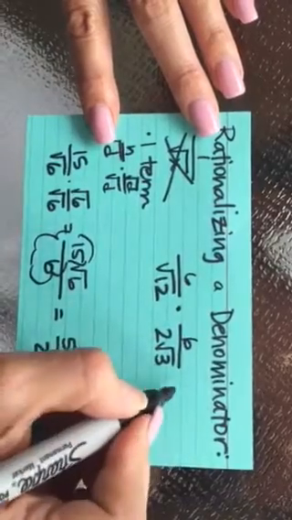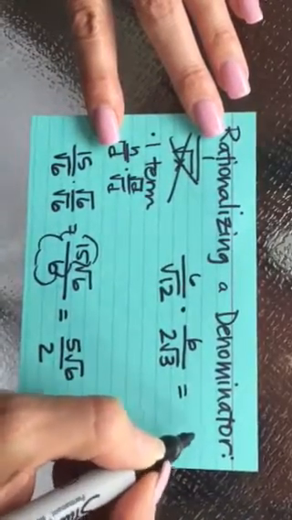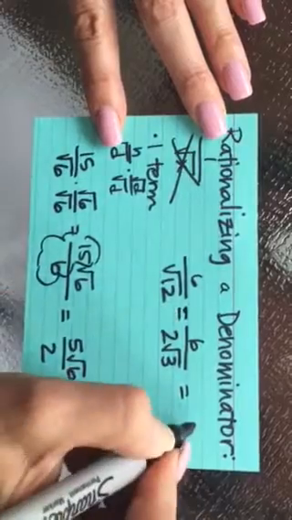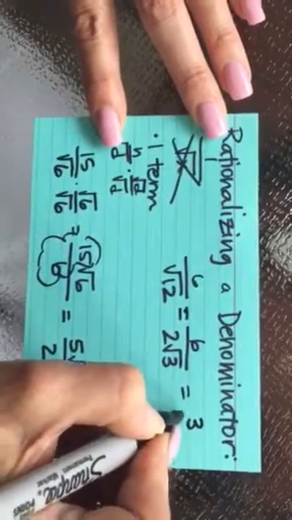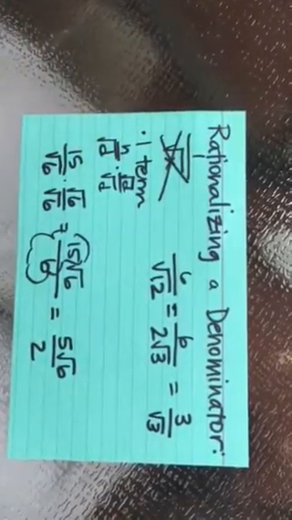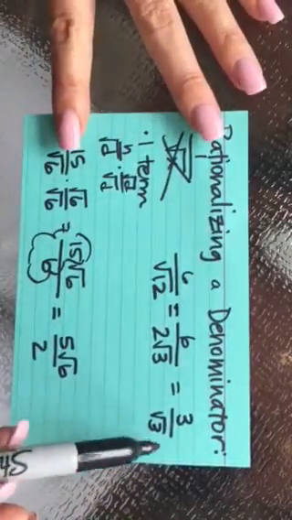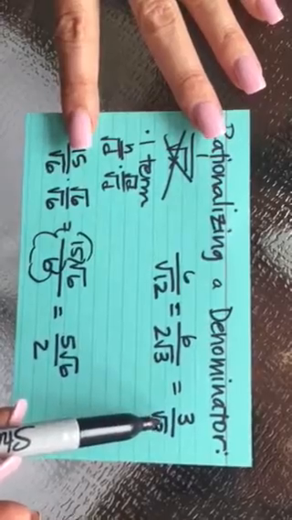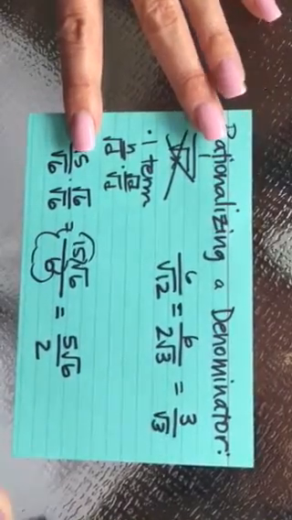6 over 2 is otherwise known as 3 over 1. So we can have this be 3 over the square root of 3. Well, we still have this radical in the denominator, so we need to multiply top and bottom by the square root of 3.